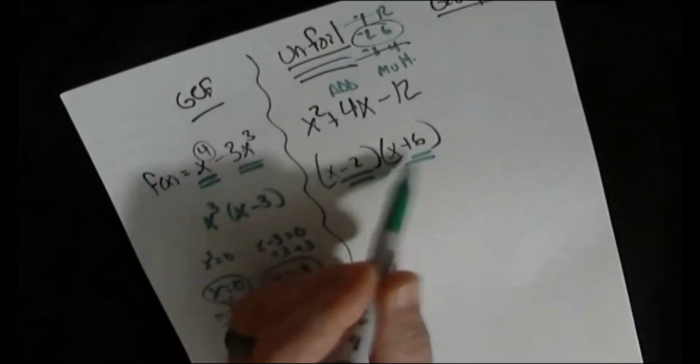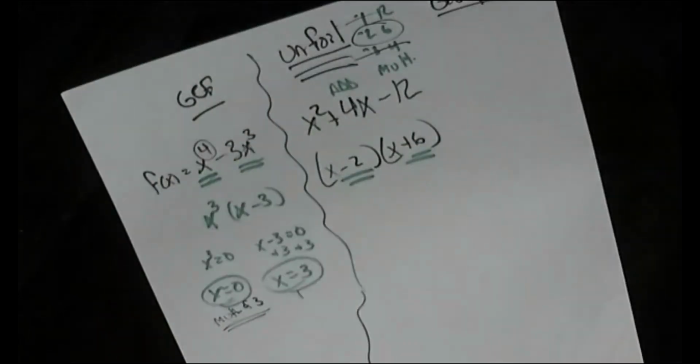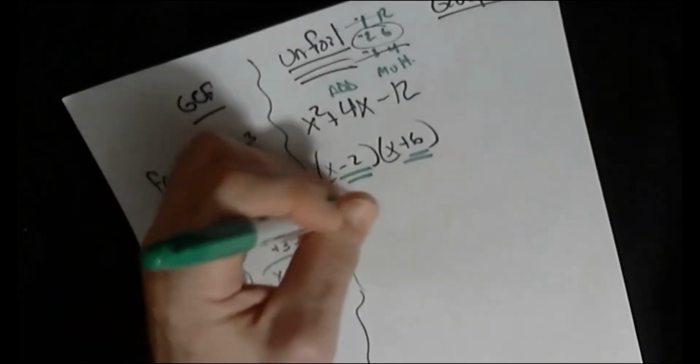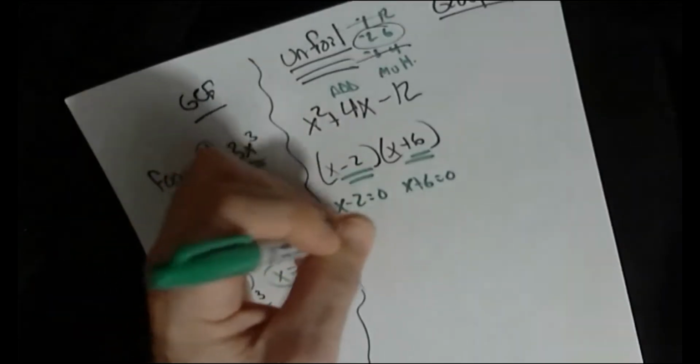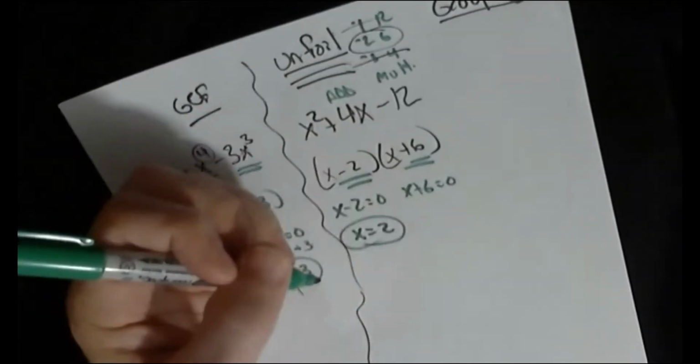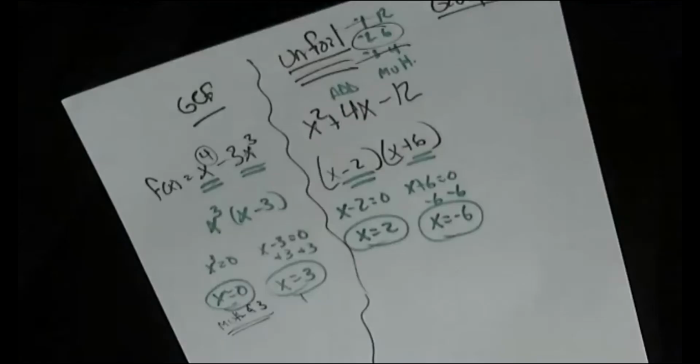So x minus 2 times x plus 6 would equal this if we would FOIL it out. Anyway, if we continue, x minus 2 is equal to 0, x plus 6 is equal to 0, add 2 to both sides, subtract 6 from both sides. That would be my zeros.